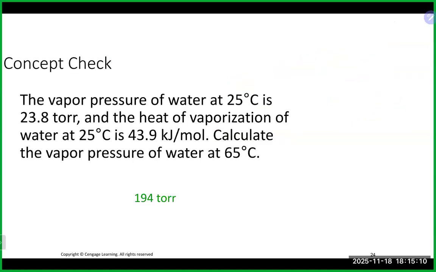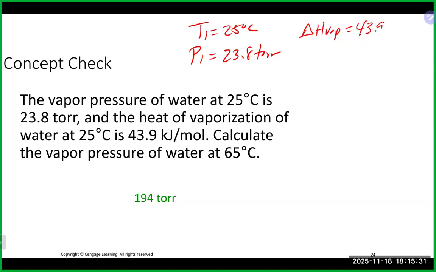So if we take a look at one here, and again, we could call this guy here T1, which is 25 degrees Celsius. That would go with our P1, which is 23.8 torr. And we have a delta H of vaporization that is 43.9 kilojoules per mole. We want to calculate the vapor pressure.